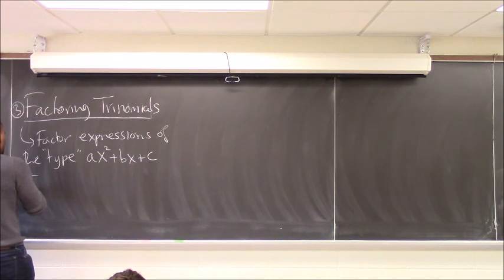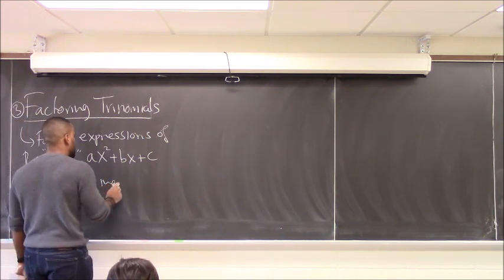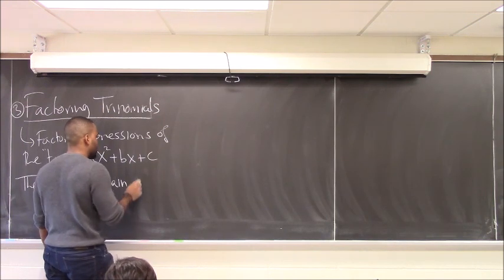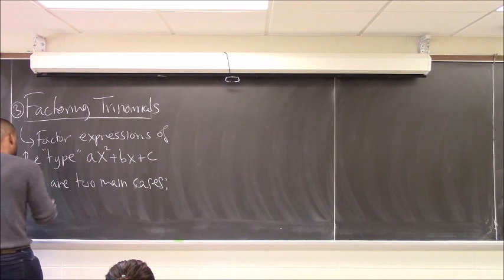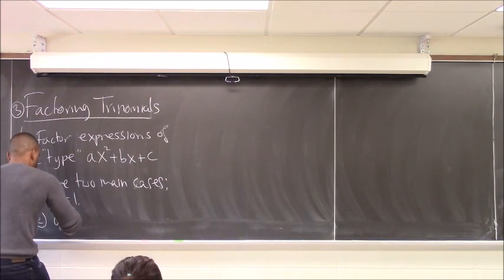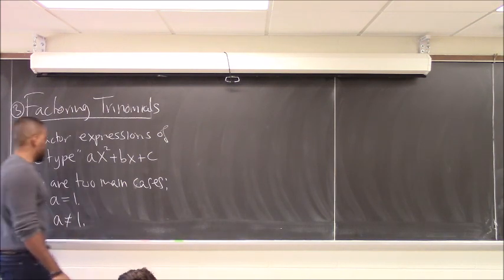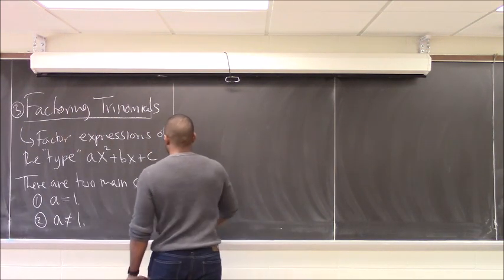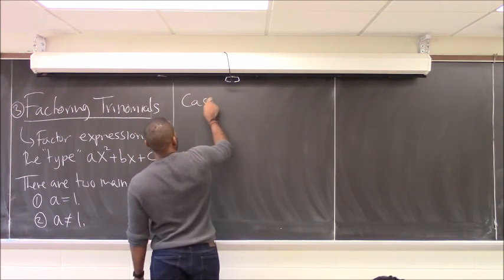And there are two main cases here. One is when your a is equal to 1, and two, when your a is not equal to 1. And the techniques are slightly different based on one or the other. So let's look at case 1.